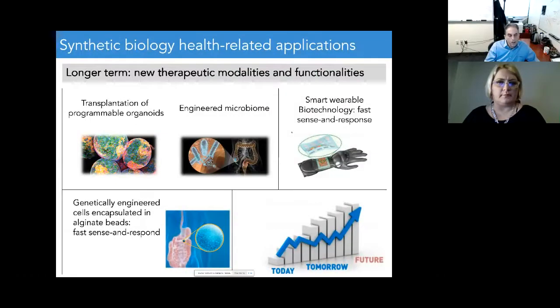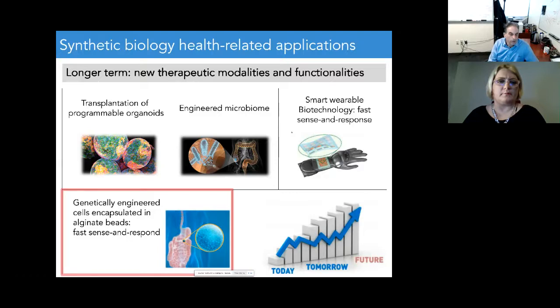And in the longer term, many things are exciting to think about. More programmable organoids that can be transplanted into patients, for example patients that have liver disease, and these are things that we're actually beginning to try in mice right now.